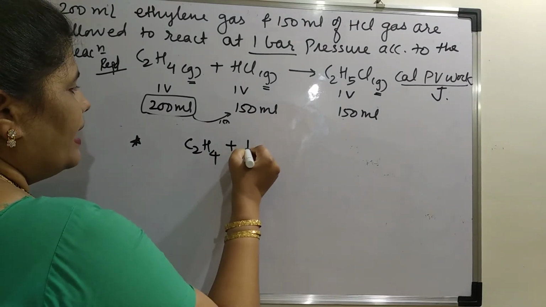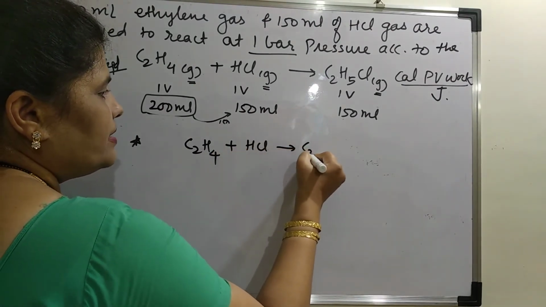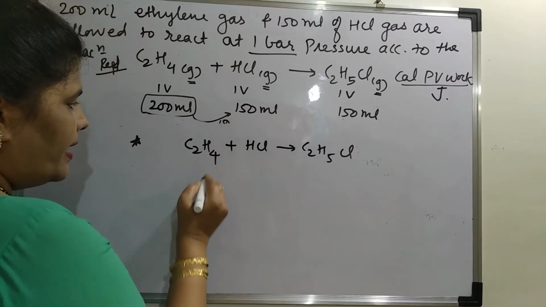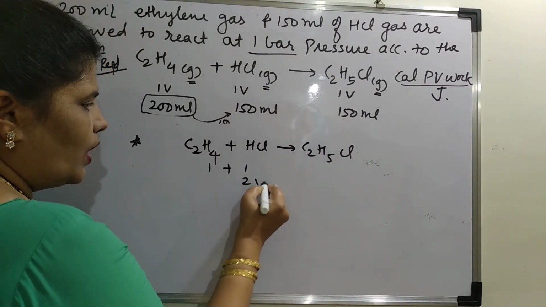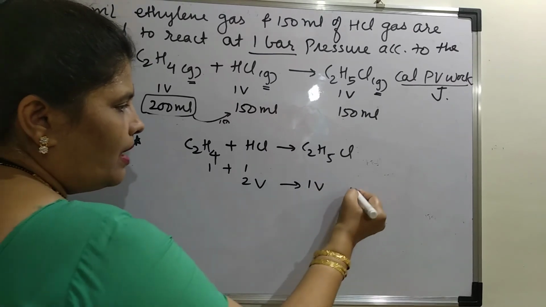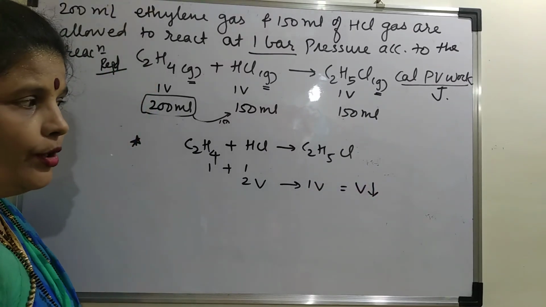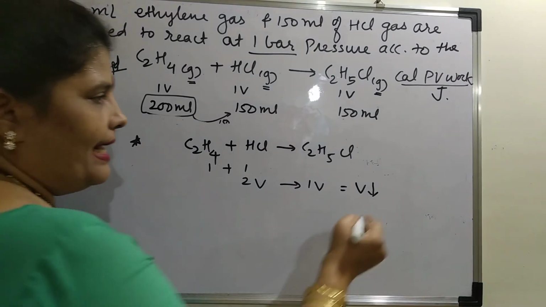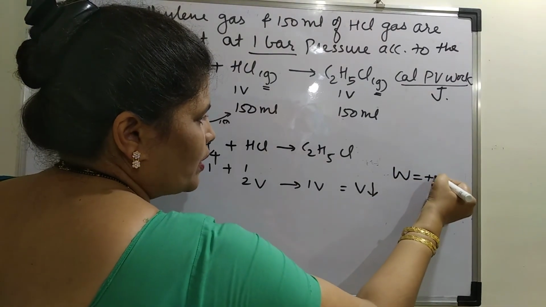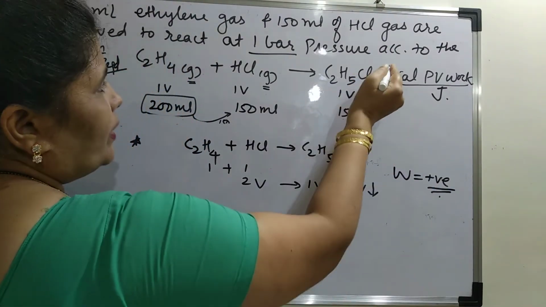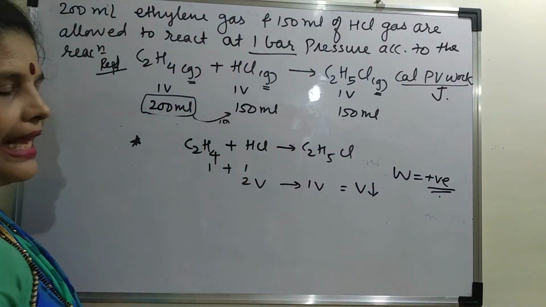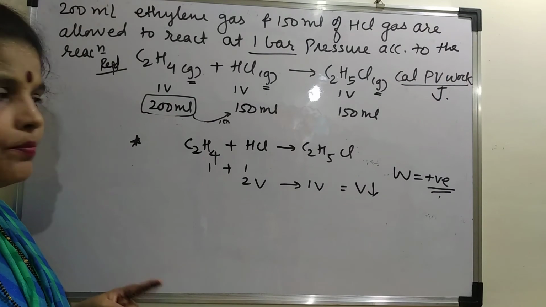So C2H4 plus HCl gives you C2H5Cl. Here, 1 plus 1 means 2 volume is becoming 1 volume, means there is a decrease in the volume. When there is decrease in the volume, the gas is getting compressed and therefore W must be positive. So the work we calculated for this problem was also positive.